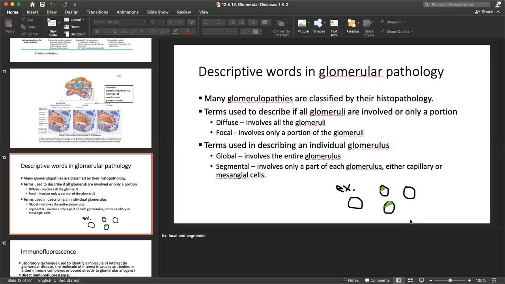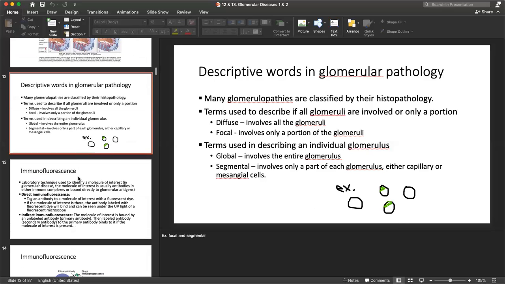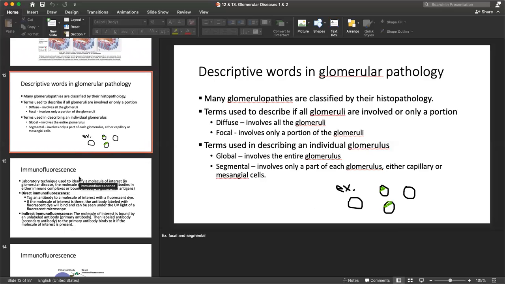That's going to be focal, since it's only 2 out of 4. Then we have to ask, is it the entire glomerulus or just part of one? We see that it's just part, so it's going to be segmental. So looking at this, it's focal and segmental. That's important later when we start looking at the stuff, and it might make it a little bit easier.